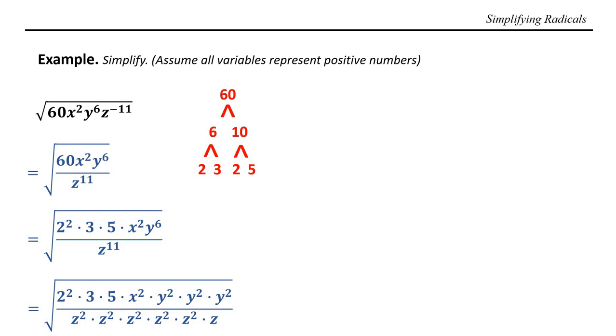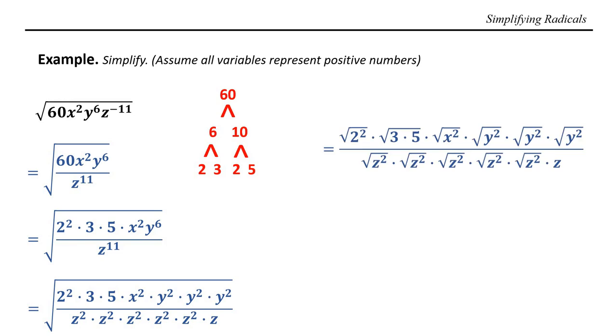Now this is helpful because if you recall the radical rules we just went over, we can now apply a radical to each and every one of these. And when we do that, all of these squares are going to cancel out.